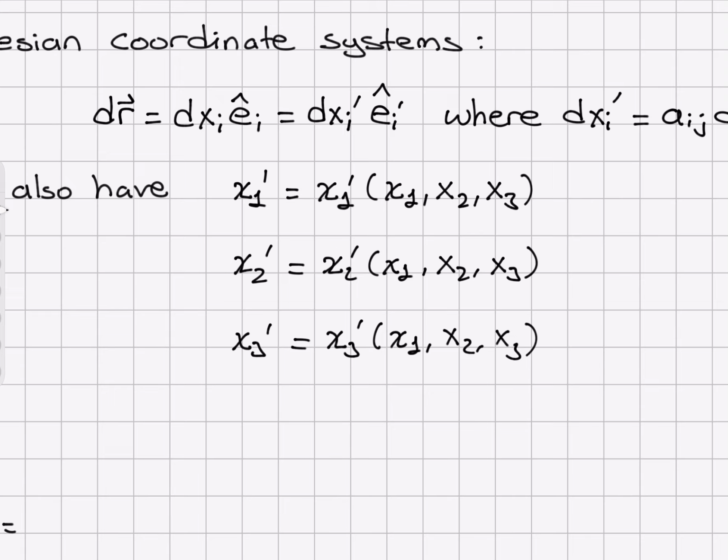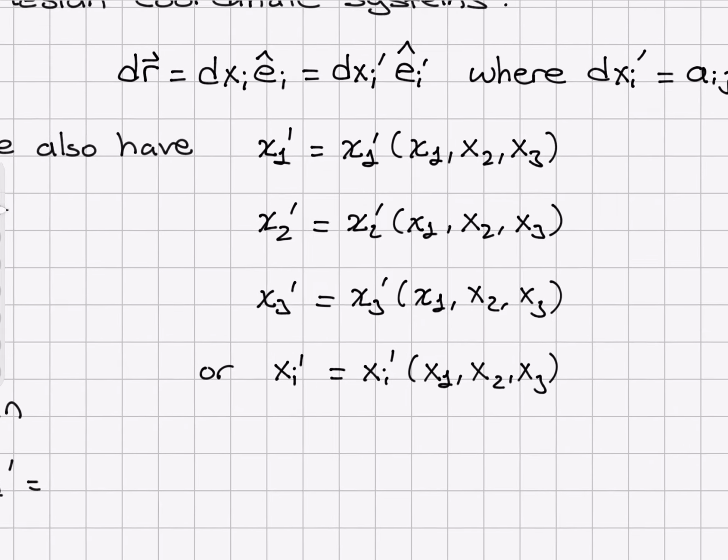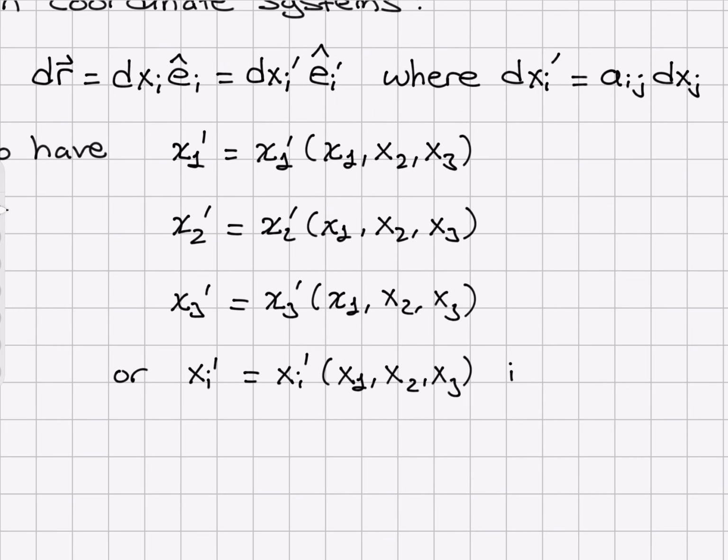Or we can write that xi prime, the primed coordinates, are functions of the unprimed coordinates x1, x2, and x3, and in a three-dimensional coordinate system, i would be 1, 2, or 3.